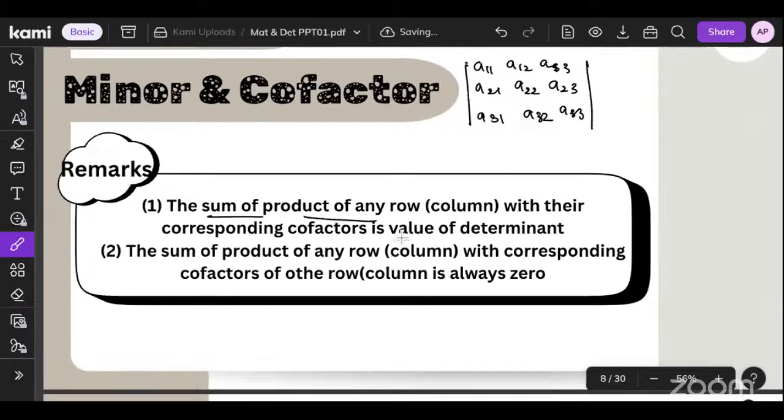Here they are saying that we will be getting the value of the determinant. We will be writing the determinant using this delta symbol.